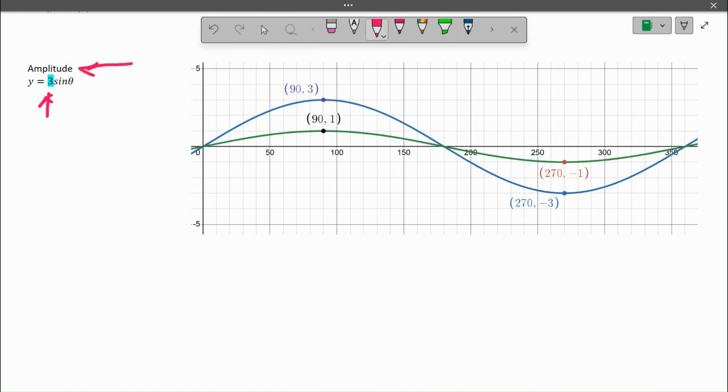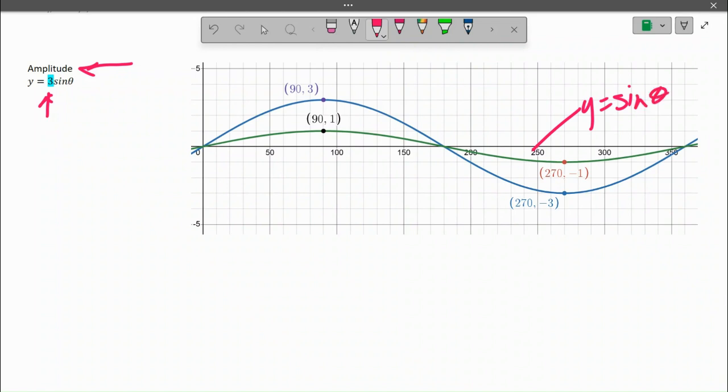What amplitude technically is, is a vertical stretch. It tells us how many times bigger or taller you could think of the new sine wave being. In this case, our amplitude is 3. The green graph represents y equals sine of x, or sine of theta in this case.